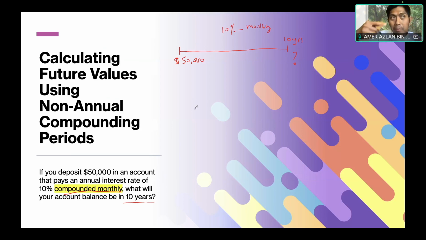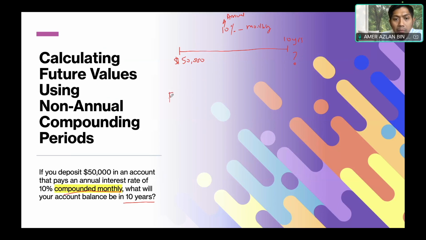Meaning every month you will get a return. Not 10%, because this 10% is the annual return, but it is being compounded monthly. So monthly compounded means every month you will get a percentage rate of return from this investment. What would be the future value of this 50,000 today if the return is 10% compounded monthly?